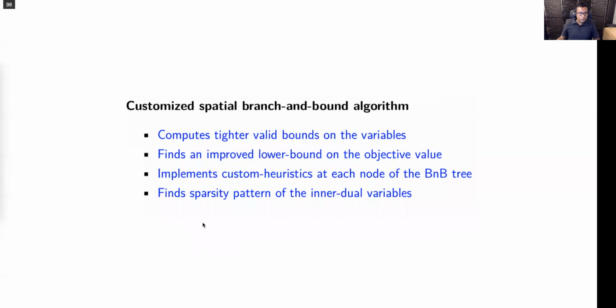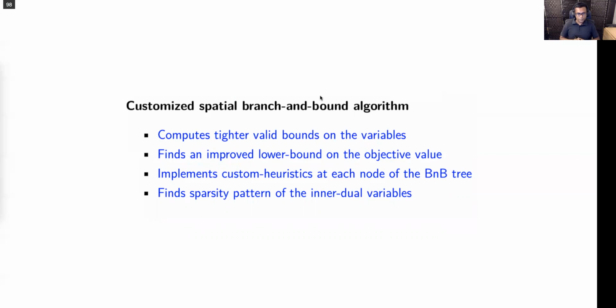Let's talk a little bit about the customized spatial branch and bound algorithm. Compared to the default Gurobi algorithm, or any default spatial branch and bound algorithm that does not know any problem structure, in a customized spatial branch and bound algorithm we provide problem-specific insights to the default branch and bound algorithm through the callback features.